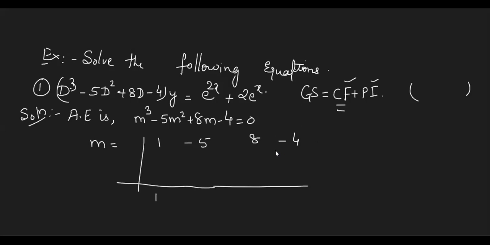Do you know how to take it? Choose ax cube plus bx square plus cx plus d. Take A, B, C, D as 1, minus 5, 8 and minus 4. Tell me the answers. What are the roots?